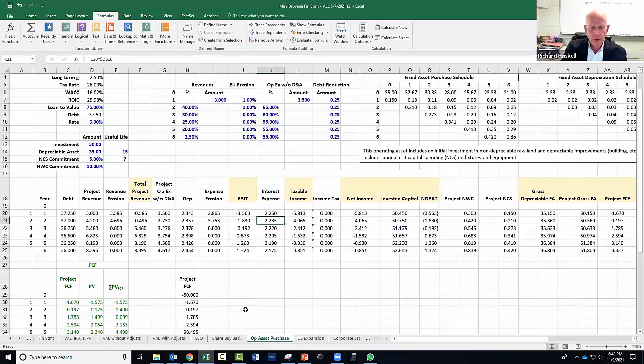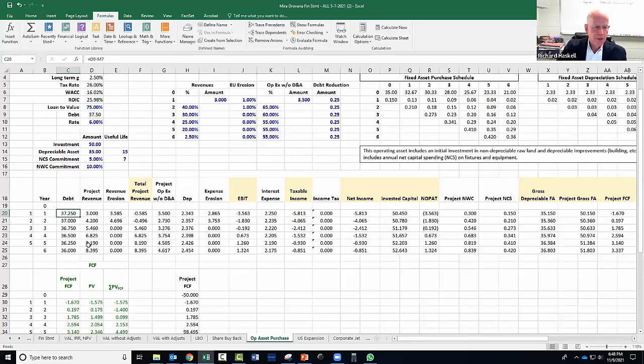We now have our interest expense, and this is interesting. We have interest expense based upon the prior year's debt and then multiplied at the interest rate. Well, the prior year's debt, how does that differ from before? Before we took the initial debt, which hadn't had any pay down yet, times the interest rate.